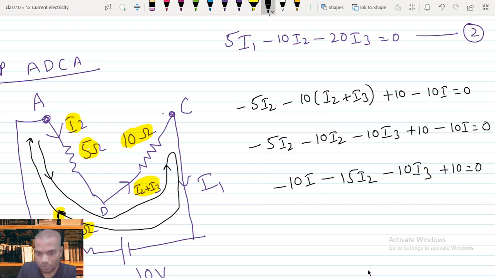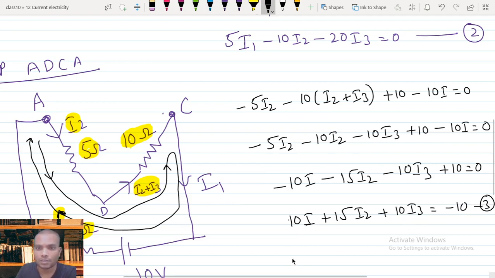So we can take out minus common, so that is 10I plus 15I2 plus 10I3, which is equal to minus 10. Let me take it as equation 3.